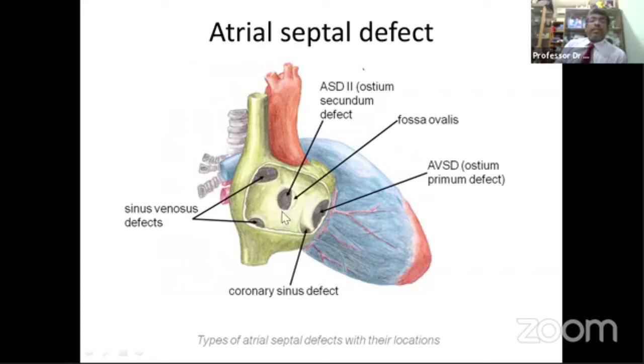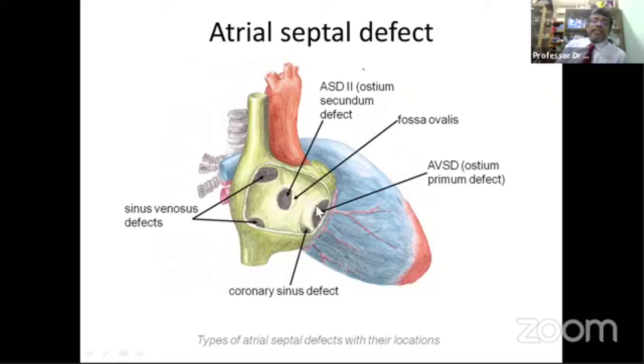In this picture, what we see here are different types of ASD variety. This is the supravenous type. This is the infravenous type. This is the sinus venosus type of ASD, and this defect lies in the first type of ASD, the second type.